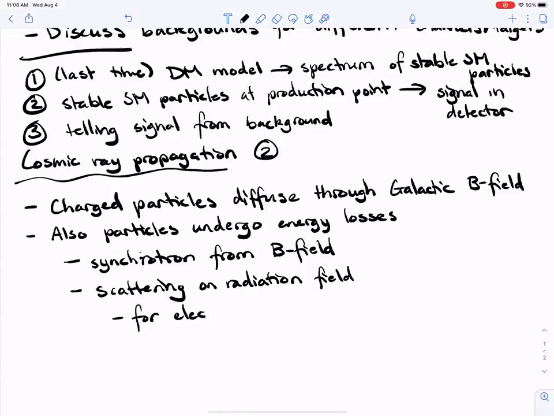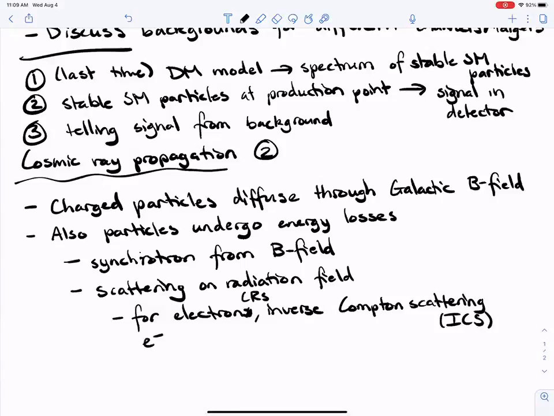So for electrons, we refer to this as inverse Compton scattering, for electron cosmic rays, and I'm going to abbreviate that as ICS. This also applies to positrons; for high energy particles, they behave just the same.